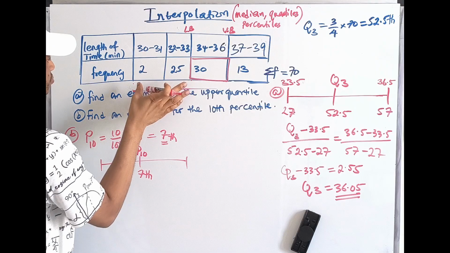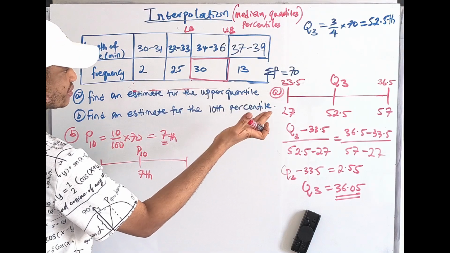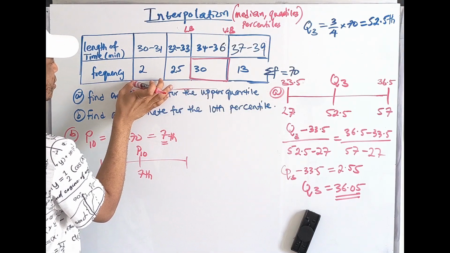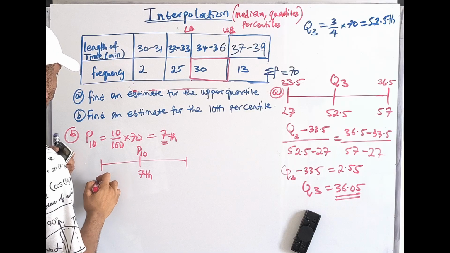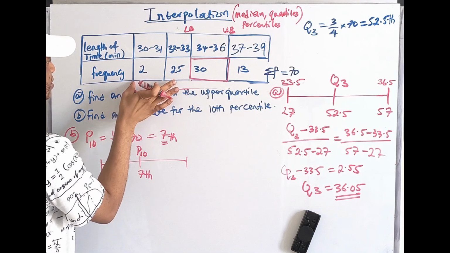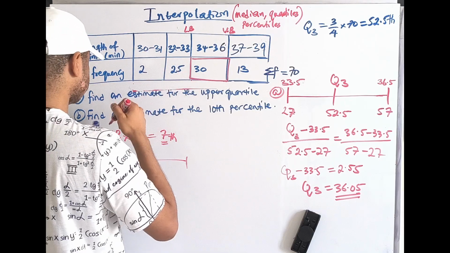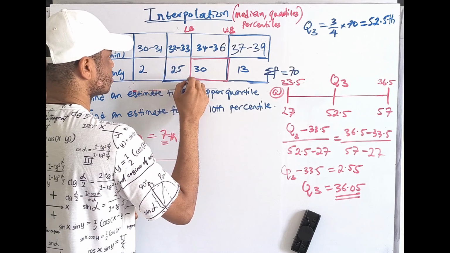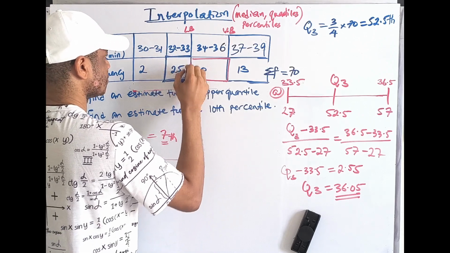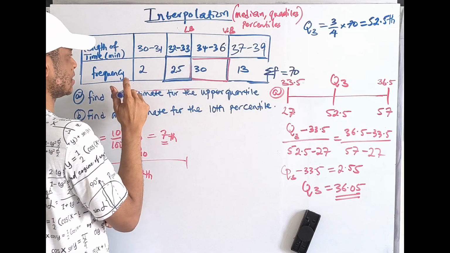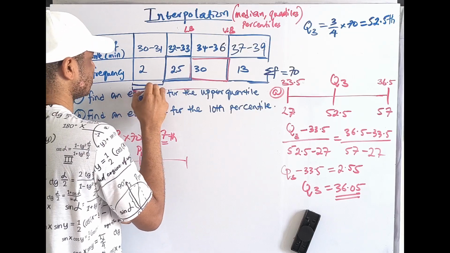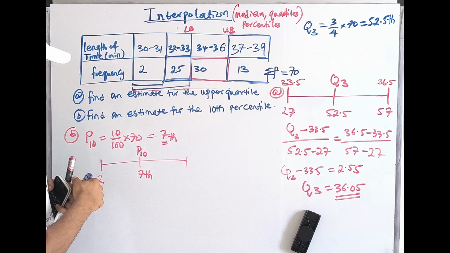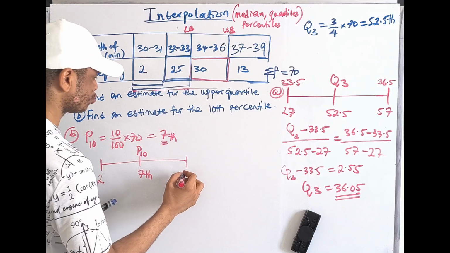Okay, so what did we do here? Same thing. I take the frequency before that, so this is 2, and I take the frequency beyond that. So remember now I am in this box. I take the frequency before and the frequency after, which gives me 2 and 27.